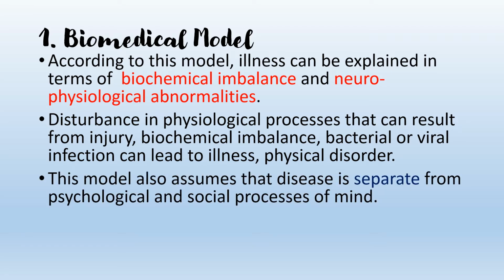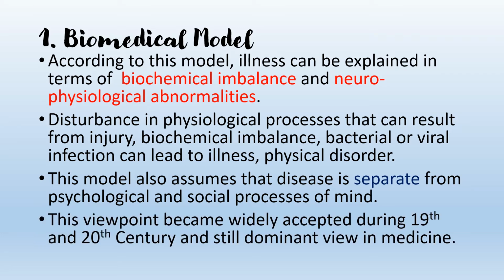This model also assumes that disease is separate from psychological and social processes of mind. So this model generally focuses on physiological processes and the imbalance in biochemical reactions, and the viewpoint became widely accepted during the 19th and 20th century, and it is still the dominant view in medicine.